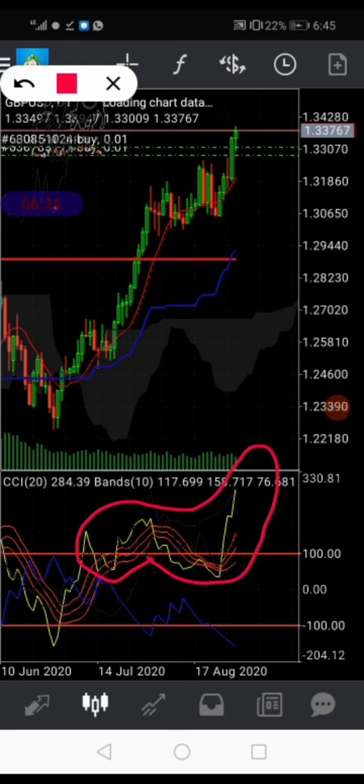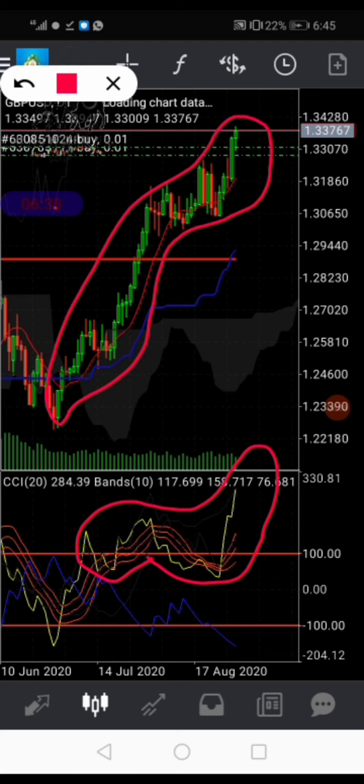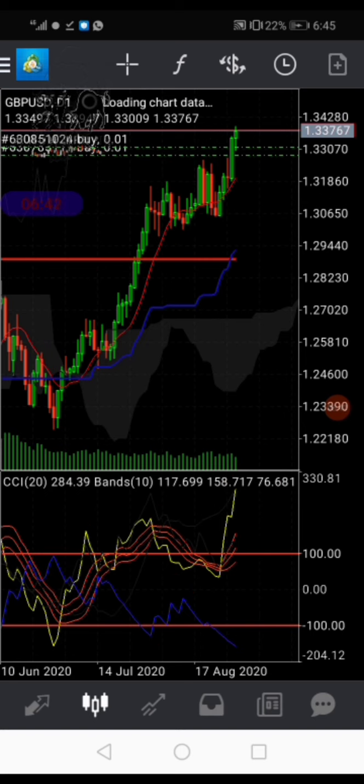Then this blue line right here is our signal. So when the blue moves below the gold, that's when you know it's a strong signal for a buy.